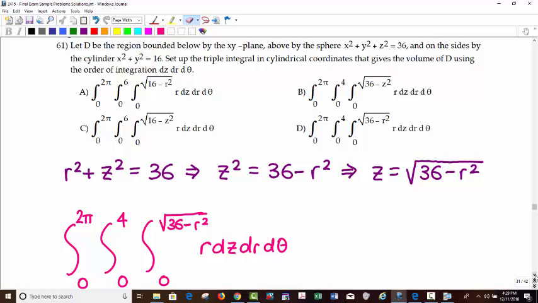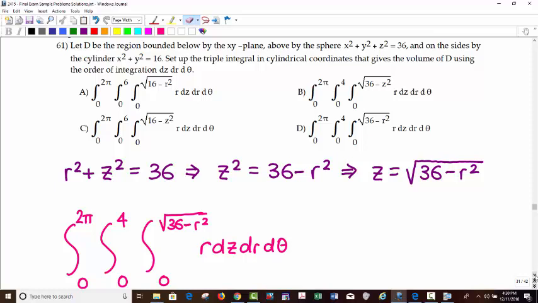Now we're looking at the z first. So you see obviously the r dz dr d theta is the same in all of them, so the only difference is the limits. So we have to set up z, which will be in terms of r. The height is some sort of function of the radius. It's not a constant, but it's a function of the radius.